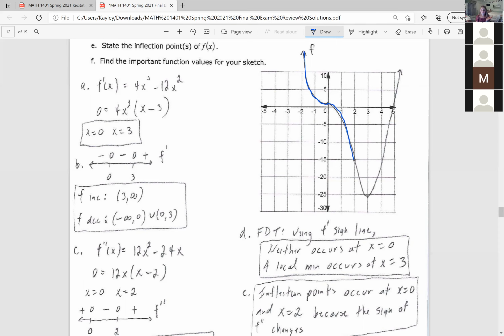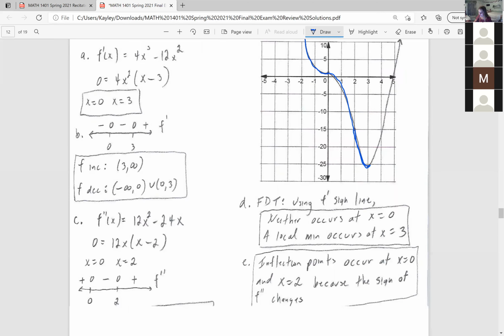It goes from being upward, and then downward almost, which is the difference between concave up and concave down. And then same thing at 2, it switches back to being concave up. That's the easiest way to say it.